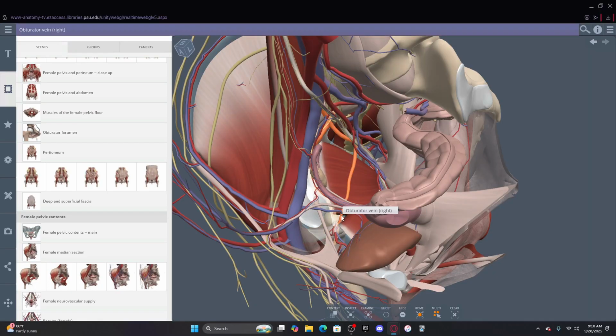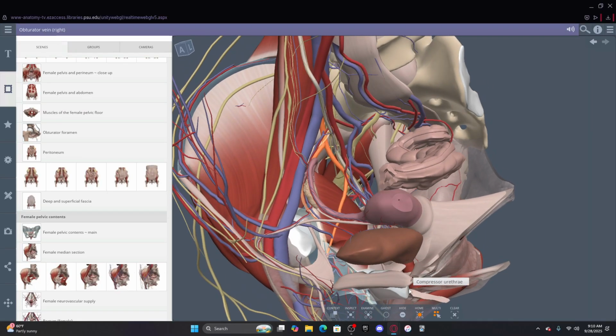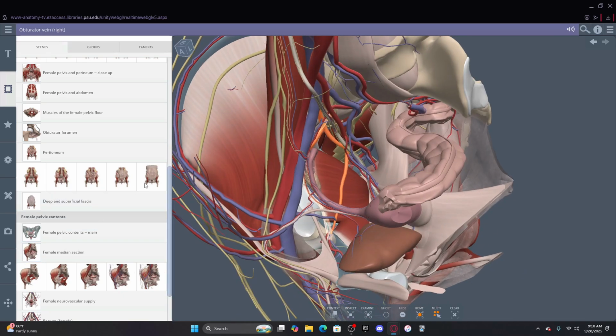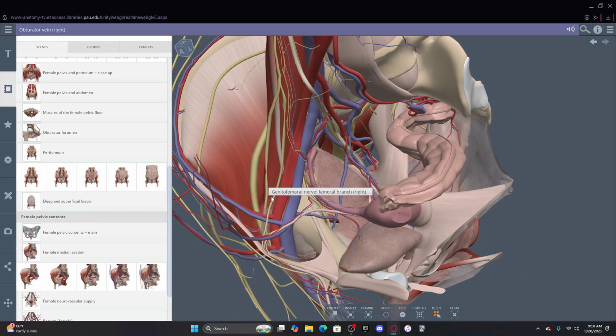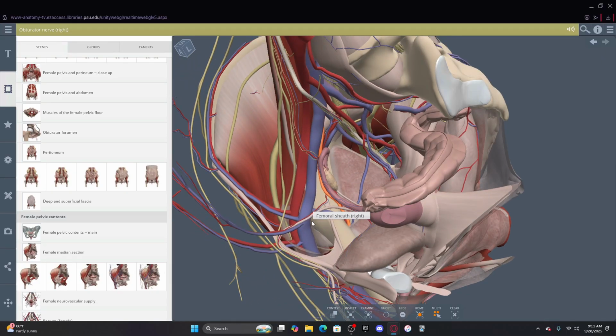But obturator nerve, obturator artery, obturator vein. Ooh, I think I just removed the nerve by accident. Let me get that back. Okay, so we see obturator nerve, the obturator artery is hiding a little bit there. There we go. And then obturator vein.